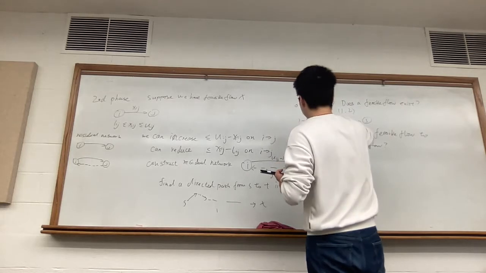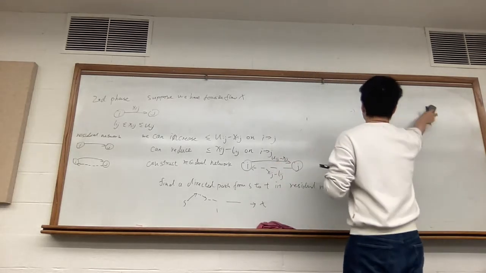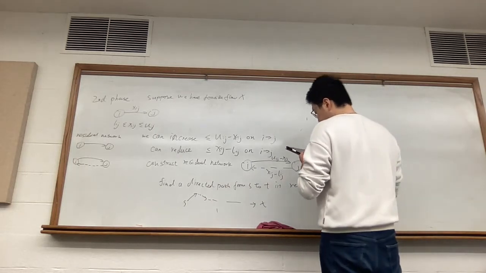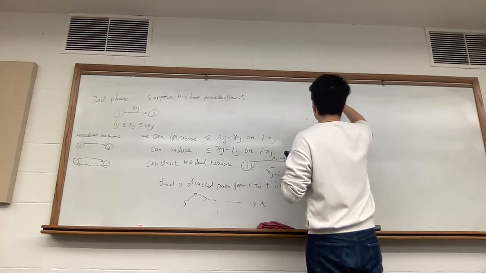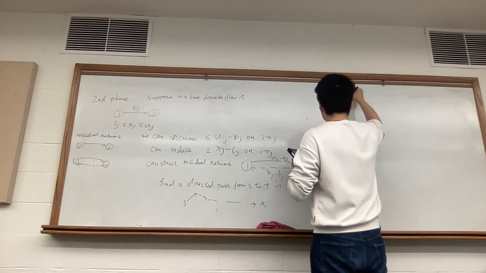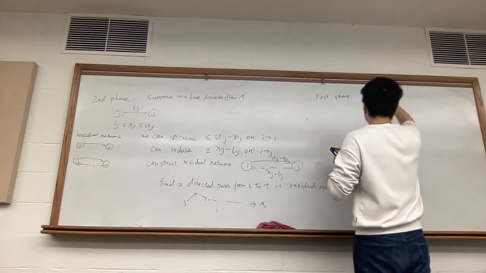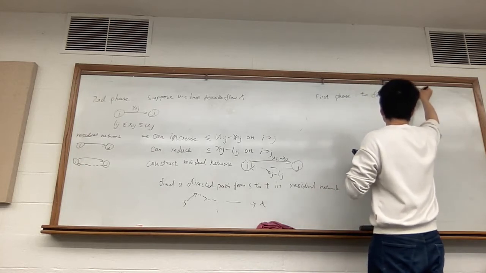Then we deal with another thing that is a little bit more complicated. So the first phase. So remember what is the first phase? The first phase is to find a feasible flow.